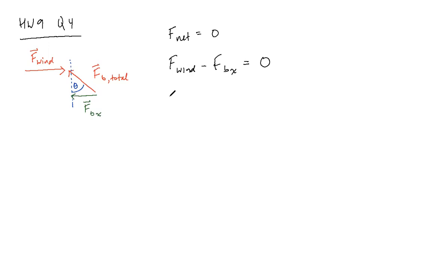So based on this, we have FBX is equal to F wind, and so that's going to equal FB total times the sine of theta.